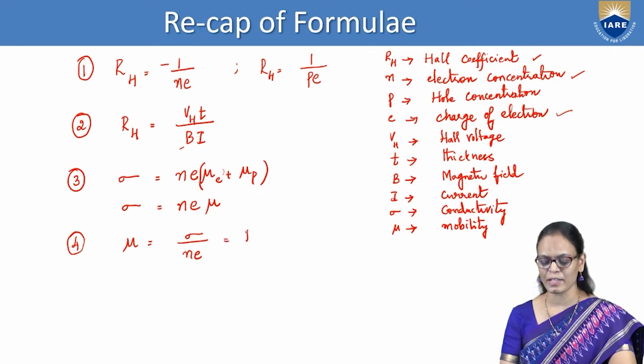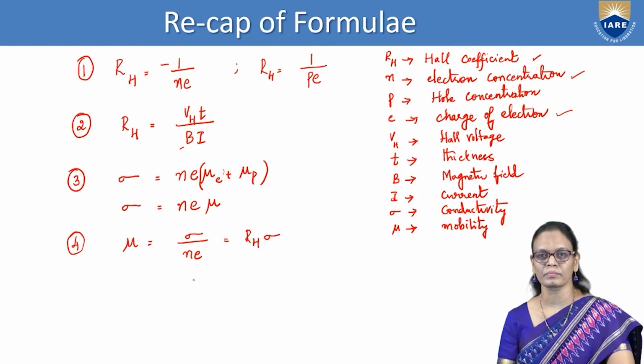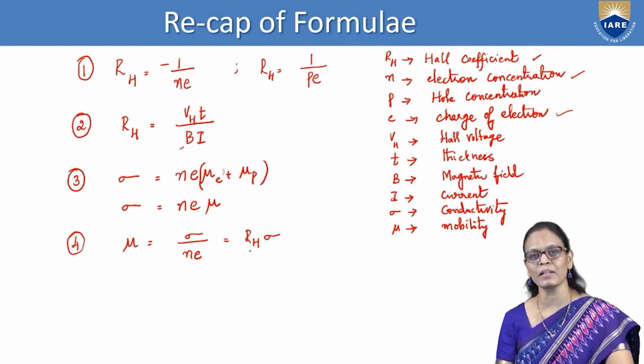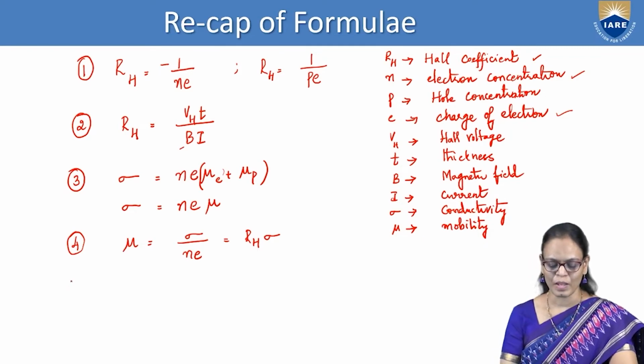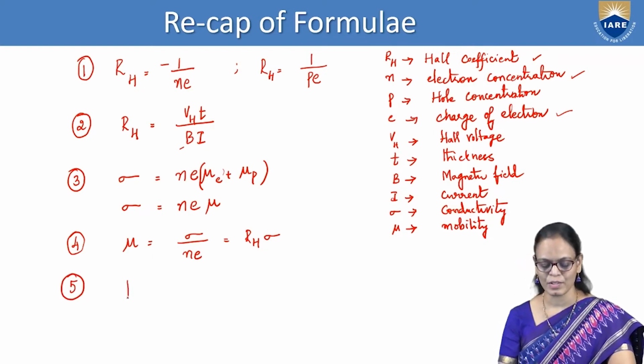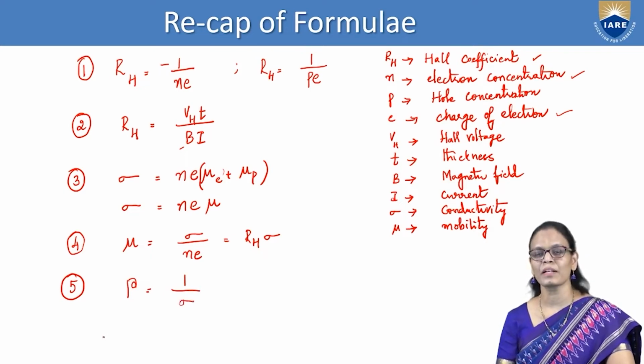We can write it as RH into sigma. We can calculate mu knowing the values of conductivity and Hall coefficient also. And one more formula is, if you know the conductivity, you can find the resistivity. So rho is the resistivity you can get using 1 by conductivity.